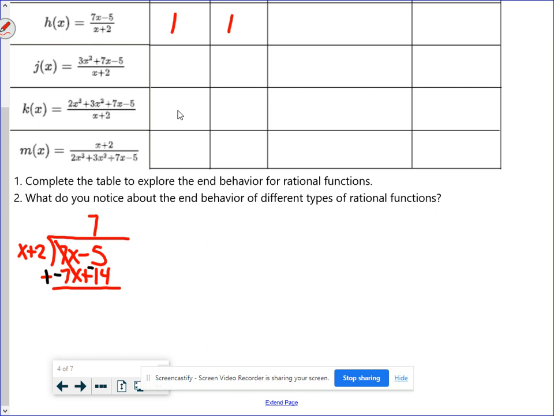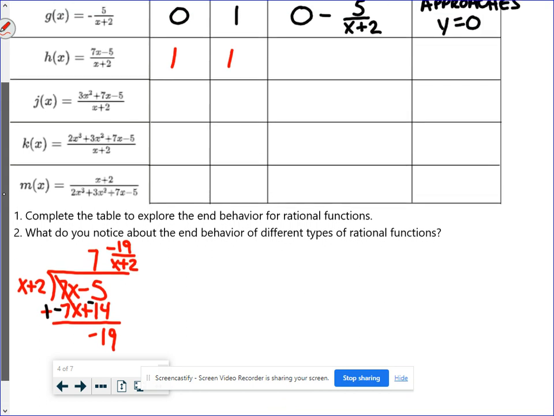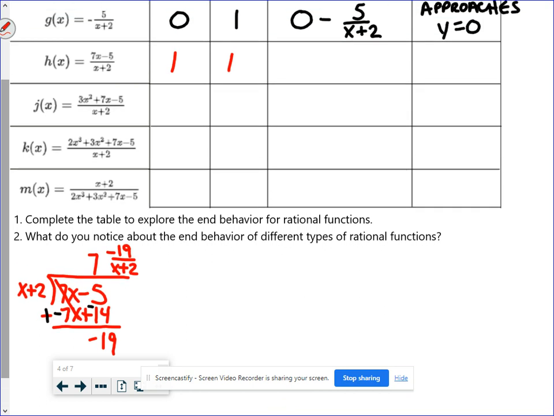When I do that, my x's are going to go away, but negative 5 and negative 14 is negative 19. So that means that negative 19 would be my remainder. I would have a negative 19 over my divisor, which is x plus 2. That's how I'm going to write this. I would have 7 minus 19 over x plus 2.